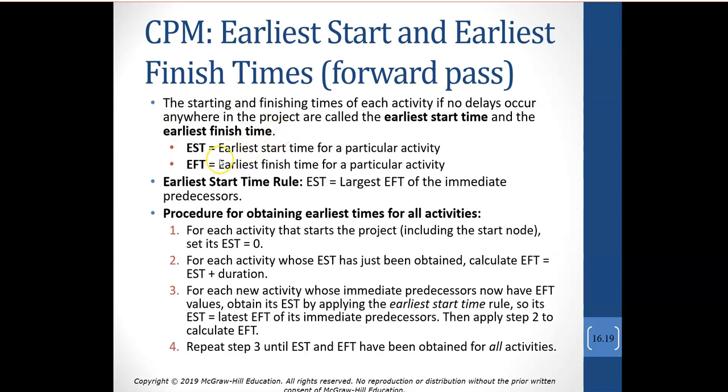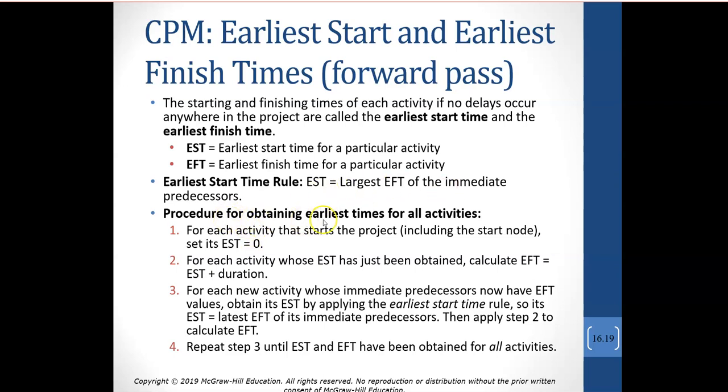So the rule for calculating the earliest start time is to take the largest earliest finish time of the immediate predecessor. And again, this might be a little confusing when we're just reading through the words, but we're going to go back to our Excel and it'll start to make a whole lot more sense, because you'll be able to build a formula that makes sense.